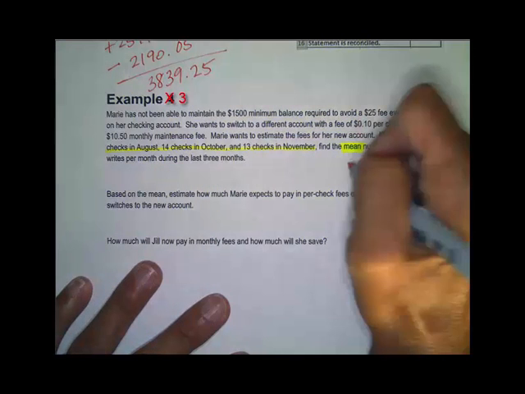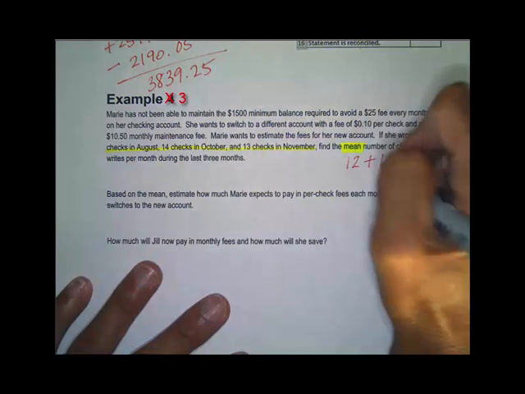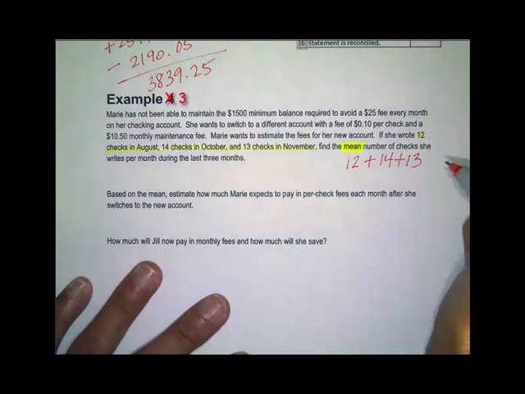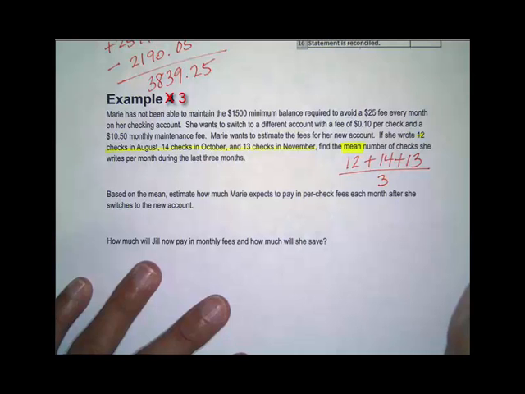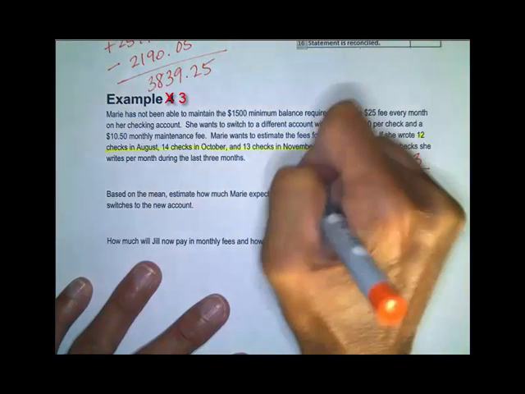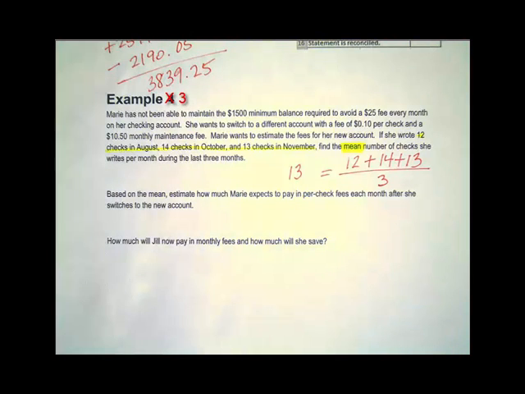So 12 plus 14 plus 13 all divided by 3. Go ahead and pause. You should get 13. So her mean number of checks over those 3 months was 13. 1 month she was above, 1 month she was below. Based on the mean, estimate how much Marie expects to pay in per check fees each month after she switches to the new account.